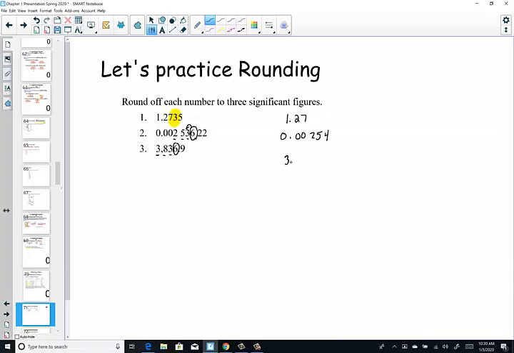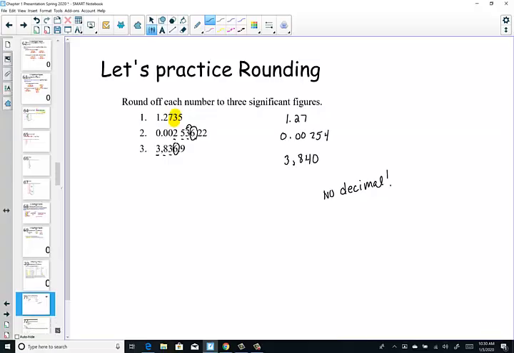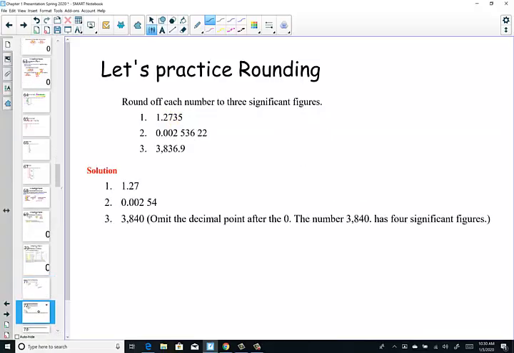We still need it to be 3,800. 6 is going to round up, so we have 40, no decimal, so that the 0 does not become significant. 3,840 is rounded up to 3 sig figs, and the magnitude of the number, how large it is, has been retained. And that was our answer, checking through there.